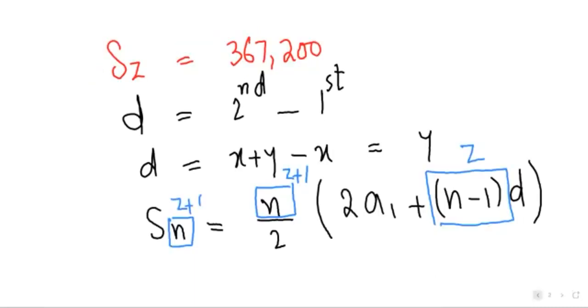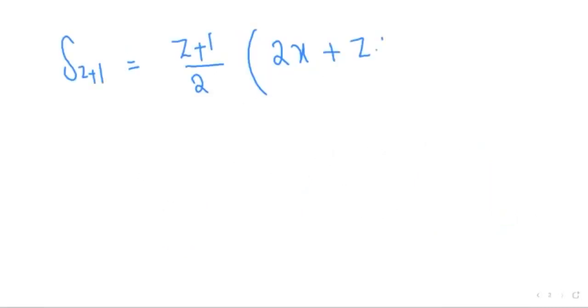N minus 1 is z and the difference is y. So you can move this 2 to the other side. So it would be 2 times.